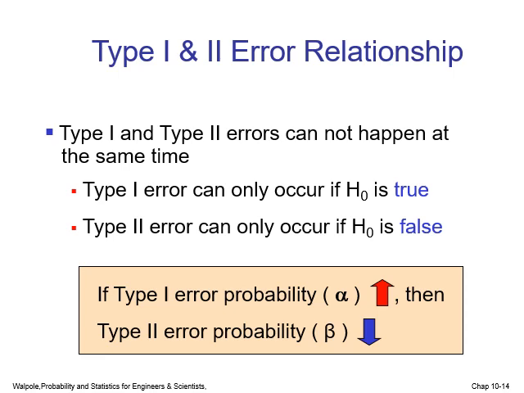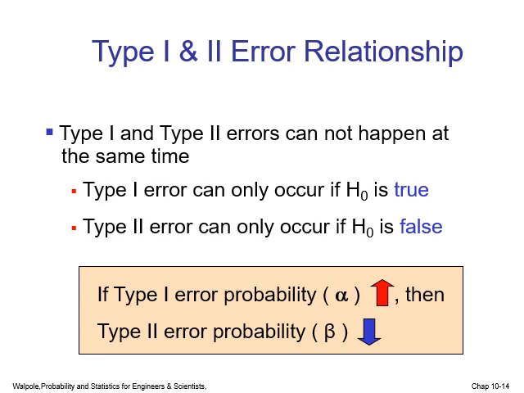One thing for sure is that type 1 and type 2 errors cannot happen at the same time. Type 1 error can only occur if H0 is true, and type 2 error can only happen if H0 is false.